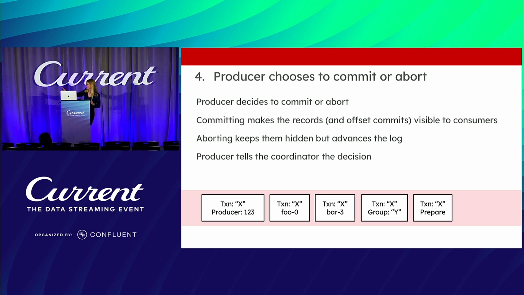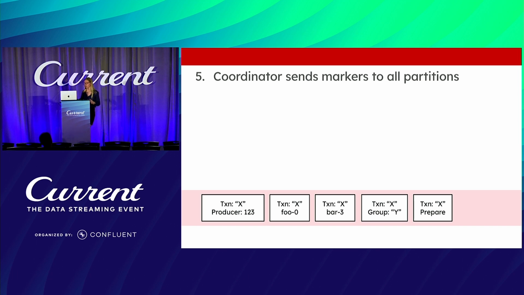Writing this specific marker doesn't make it visible yet, but what makes it visible to the consumers is sending the markers to the partitions. So the coordinator, once it gets its decision from the producer, will send commit or abort markers, depending on the decision, to all the partitions it had been keeping track of. In this case, we have foo, we have bar, and we have the consumer offsets partition.